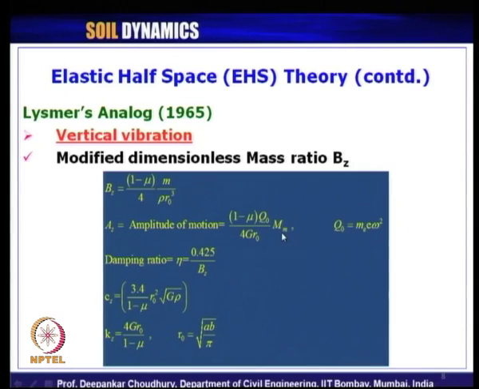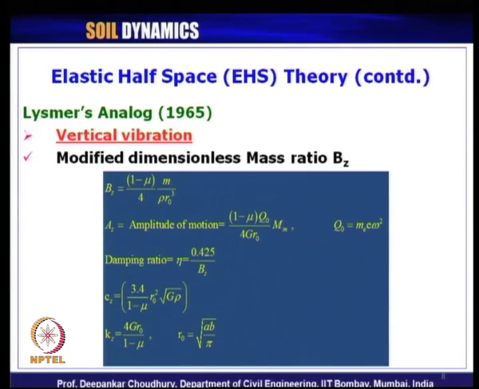Mm is nothing but a magnification factor for which the design chart was proposed by Lysmer for different values of dimensionless frequency term. And this q naught can be for either constant force of vibration or rotating mass type of vibration, and can be calculated in this fashion.